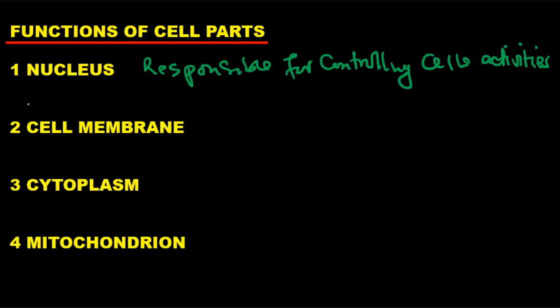So the nucleus controls cells' activity. If you find a question, maybe you are given a diagram with parts labeled, and they ask which part controls the cell's activities, the part is the nucleus. Okay? In addition to that, it also stores genetic information.